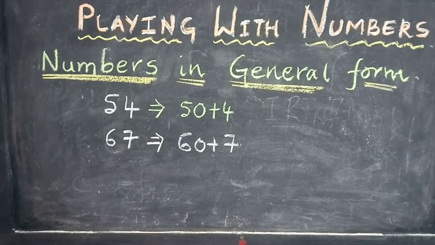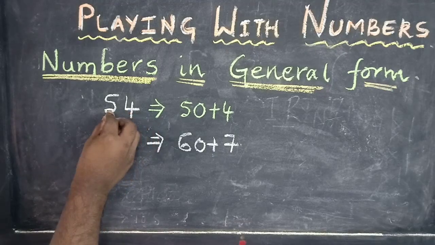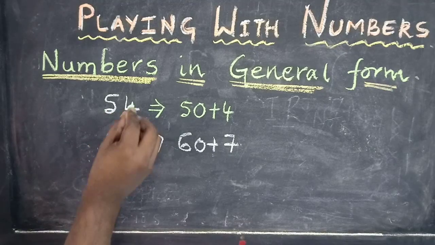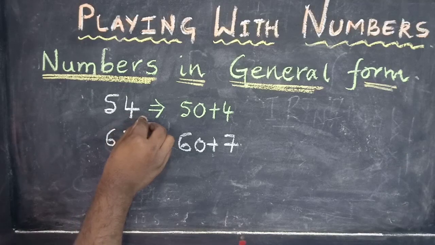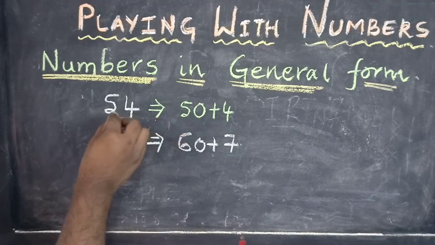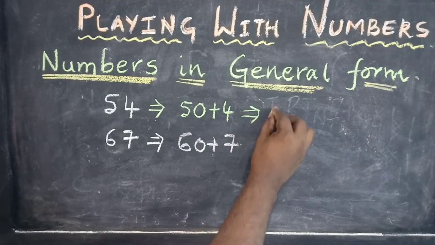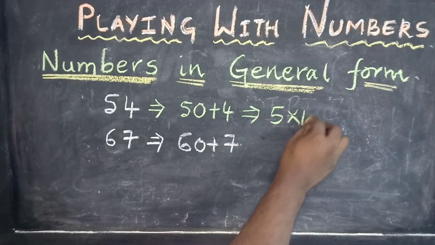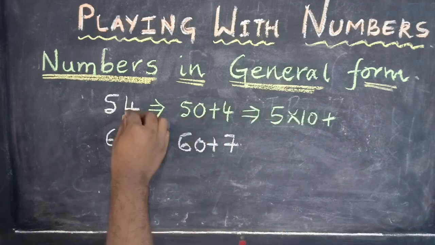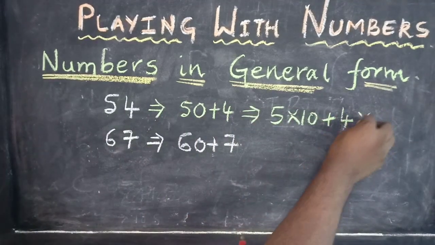Students, you should understand that in the number 54 there are 4 ones and 5 tens. That is 5 times the tens plus 4 times the units.